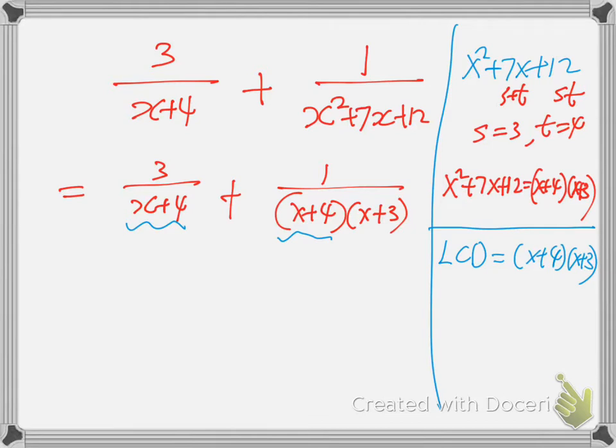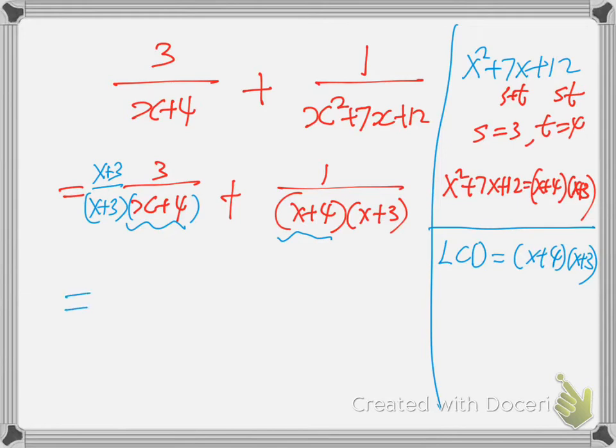For the second fraction, we don't need to change it. For the first fraction, we multiply by x plus 3 over x plus 3. So the LCD is the denominator of the second fraction.